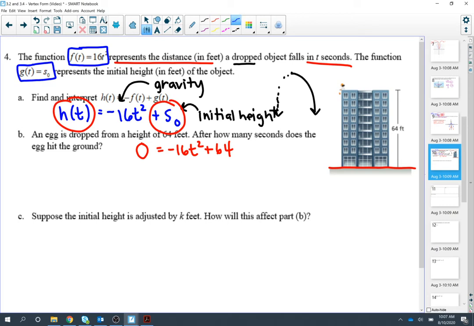Now, there's a lot of different ways we can solve this equation, but so far in this math class, I've taught you one way for solving a quadratic equation, and that's to solve by factoring using your zero product property. So here is a great reminder of how we factor. First thing I'm going to do, because my leading term is negative and I don't like that, is factor out the GCF. I'm thinking I could get out a negative 16.